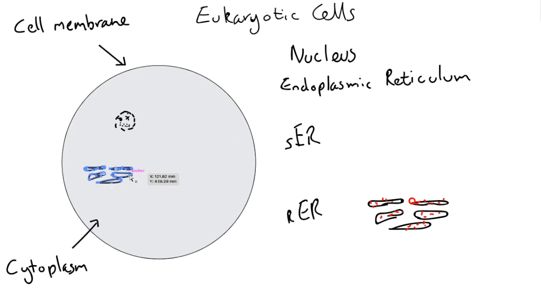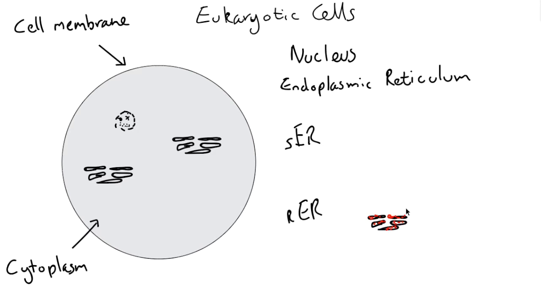Okay, I'll stick another one in. There's not just one set of these organelles. And the rough ER, when you see it on an image, is always stuck onto the nucleus.